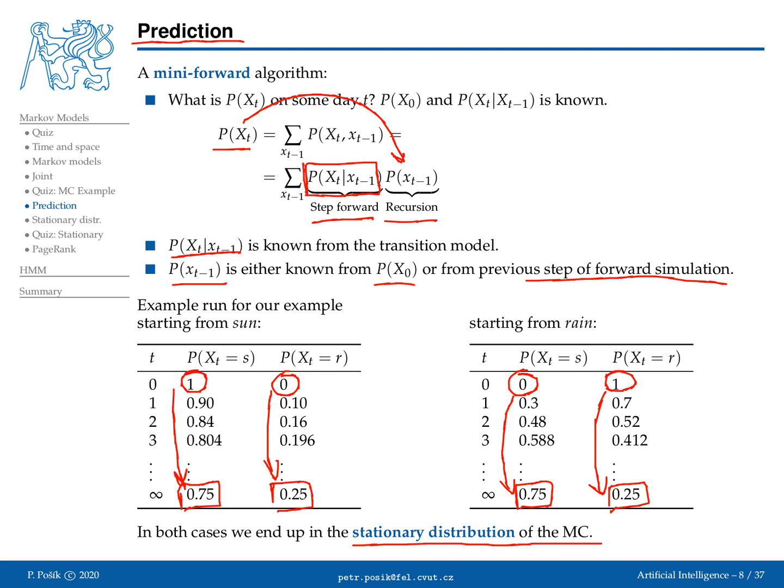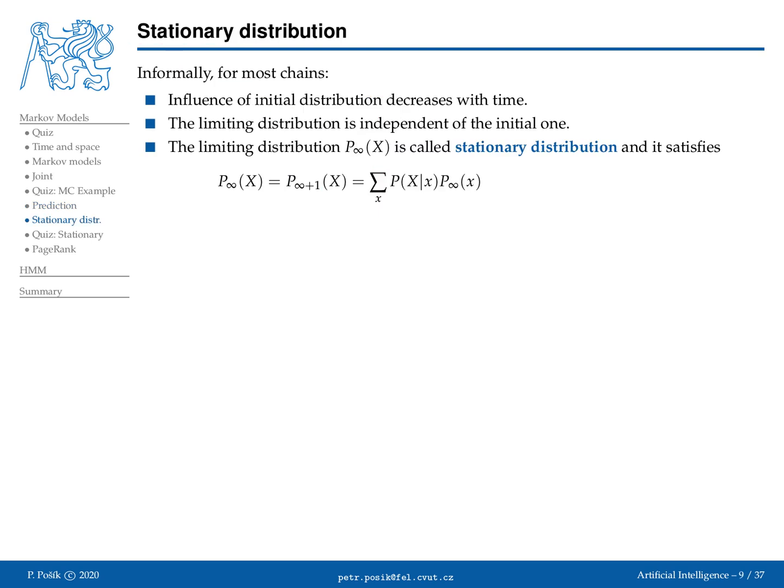The stationary distribution is actually a very important concept in Markov models, and basically it is a limiting distribution for time going to infinity, okay?